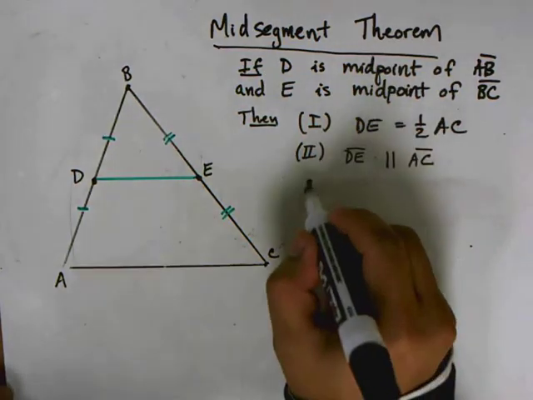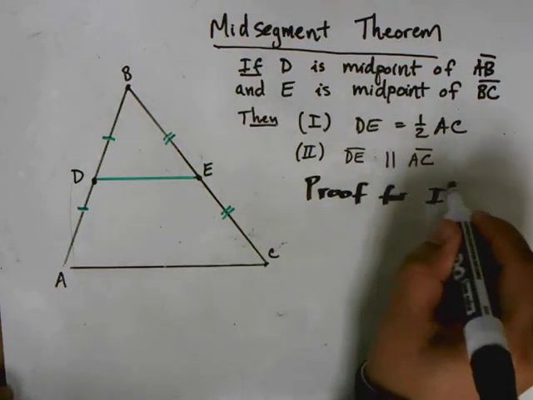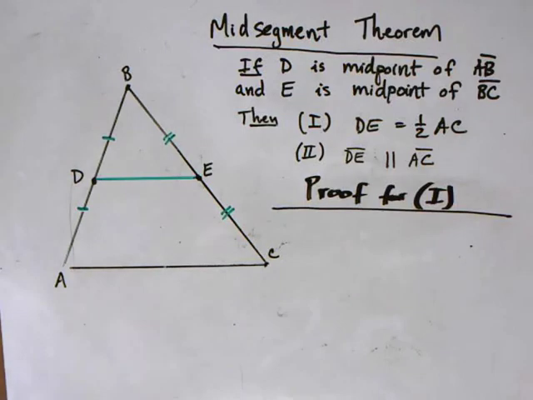So I'm going to start by writing a proof for the first statement, that DE is 1/2 of AC. Okay? And in this proof, I introduce the concept of a coordinate proof, which means I take this figure and I draw a coordinate plane around it, the x-axis and the y-axis, and I can draw the x-axis and y-axis wherever I want.